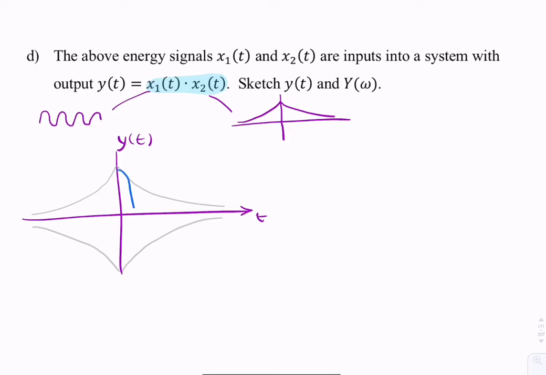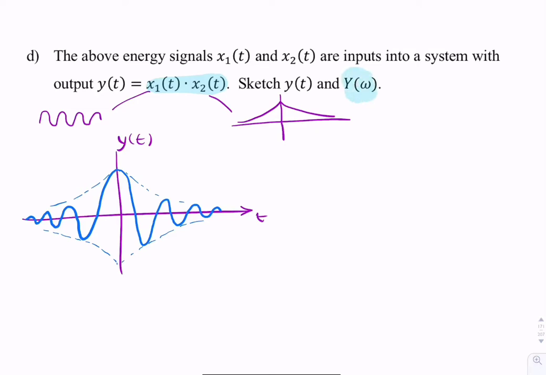So your plot would be a cosine, the amplitude of which is restricted by this envelope. And then you don't need to keep the envelope because that's not part of the answer. So if you were to keep it as a dotted line in the exam, that's fine. But it isn't part of the plot. The plot is only the solid line there, the actual signal y of t.